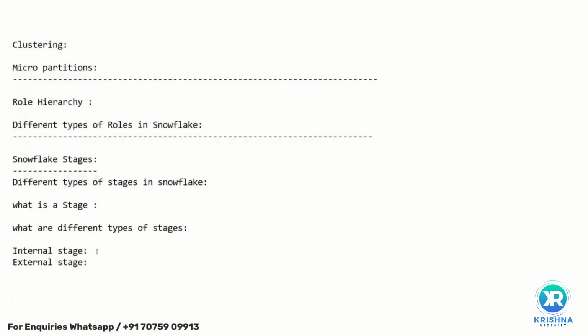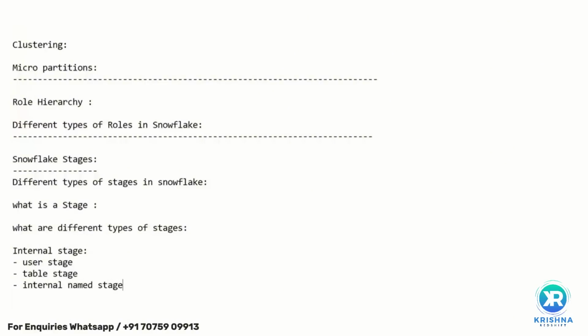For internal stage, the files are stored within the Snowflake environment. They are again classified into three types: user stage, table stage, and internal named stage.